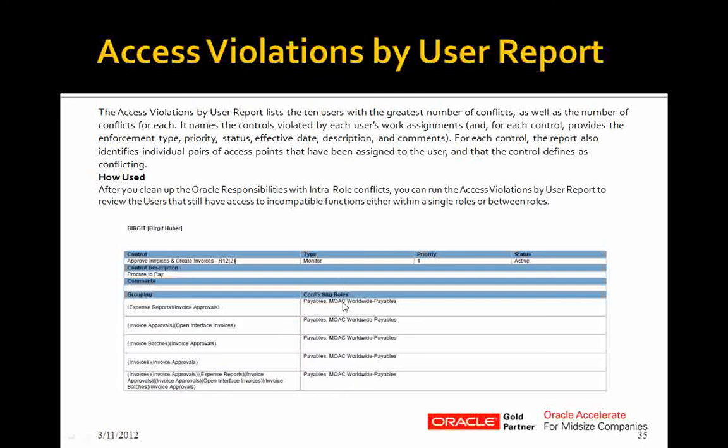Obviously this row still has conflicts associated with it. But if you did clean them up, the only thing it might show you is where they have access to conflicting responsibilities due to the fact that they have access to more than one row.